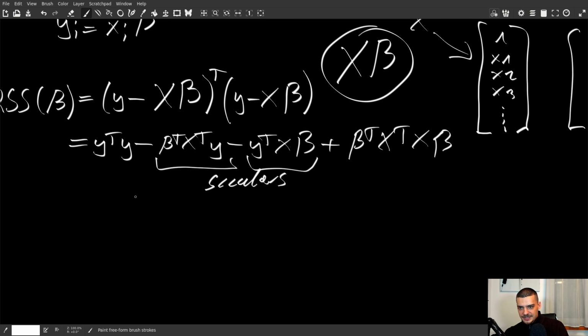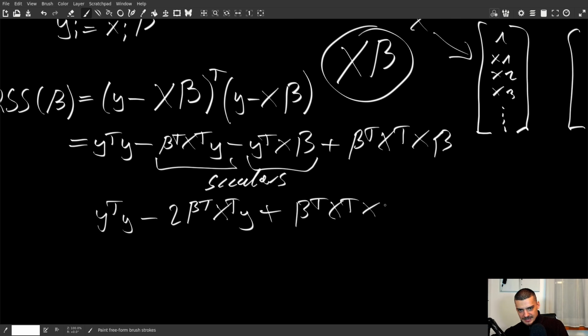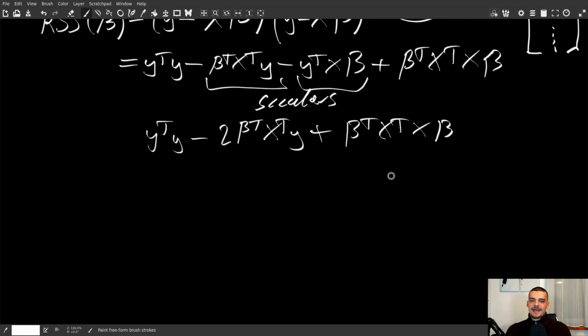So we can basically treat them as 2 times the same thing. So we can say y transposed y minus 2 beta transposed x transposed y, plus beta transposed x transposed x beta.